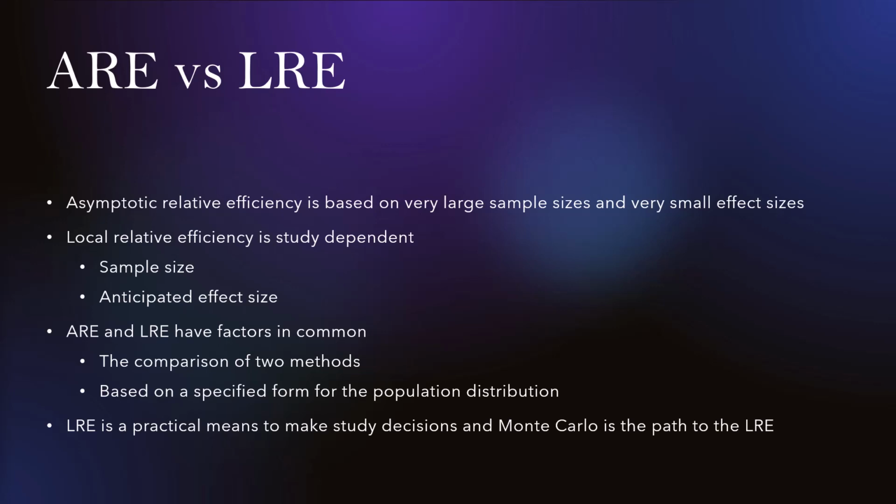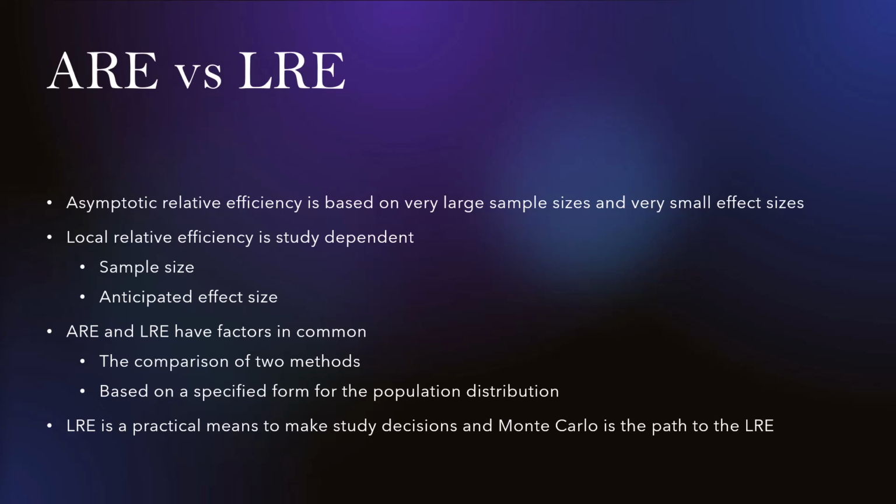This is why we're not going to see mathematical proofs for local relative efficiency, because there's an infinite number of local relative efficiencies, whereas for any two statistical tests and any single distribution, there's only one possible outcome for asymptotic relative efficiency. Local relative efficiency depends upon your particular setup for your particular study.